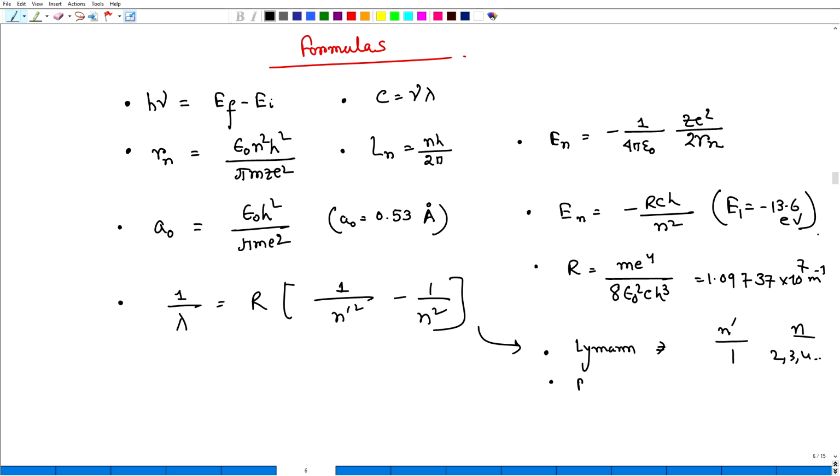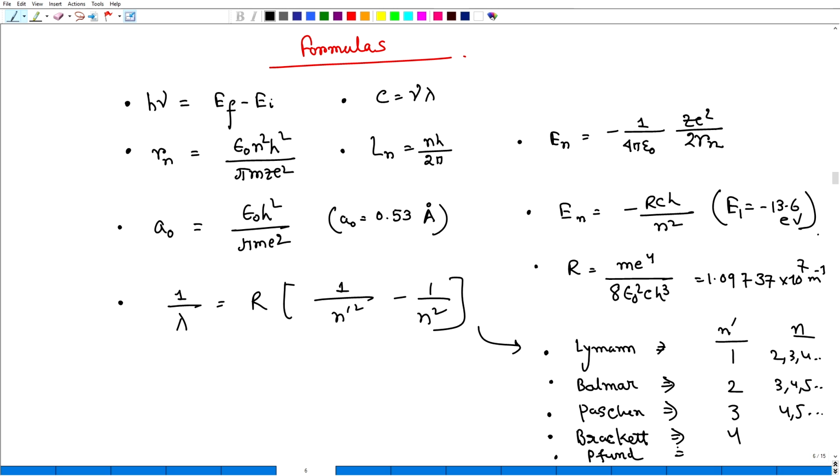Balmer: it is 2, 3, 4, 5 and so on. Then Paschen is 3, coming from 4, 5. Then Brackett and Pfund. These were the series of the atomic spectrum.